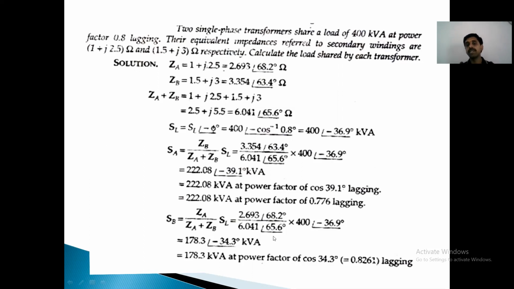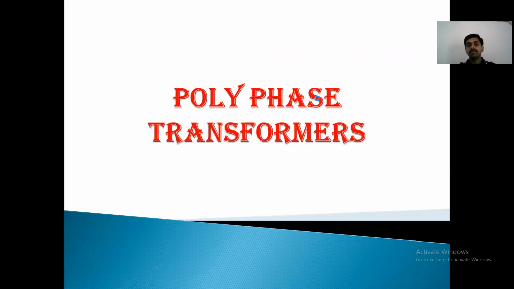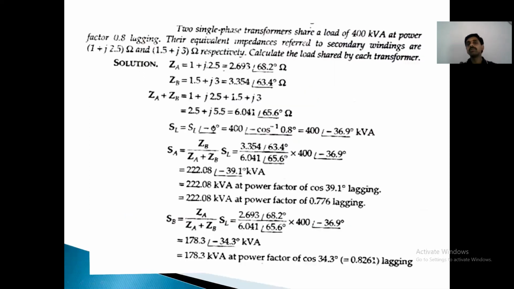Higher power is shared by transformer 1, lower power by transformer 2. It all depends upon their ratings. So this is the problem. This is the way the load shared by each transformer in parallel operation can be calculated.